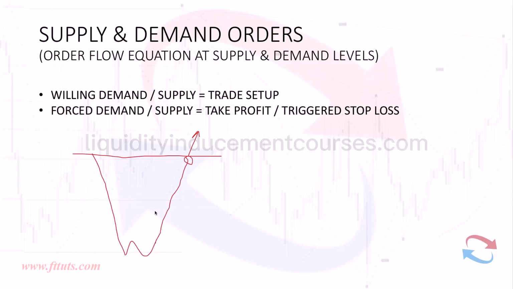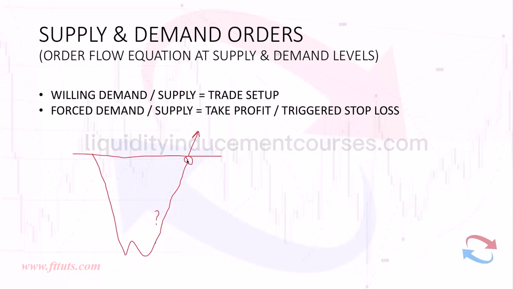Why would traders take profit here? I mean, really only traders would take profit because of maybe some sort of risk reward ratio. But if you're trying to let your profits run, right?